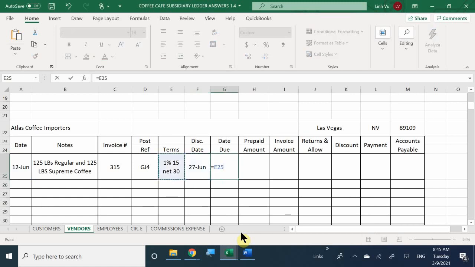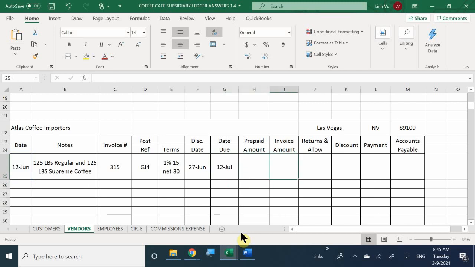So if I pay by the 27th of June, I will receive a 1% discount. But if not, when is the actual bill due? July 12th. No prepaid accounts for this one, but what was the invoice amount? $362.50.